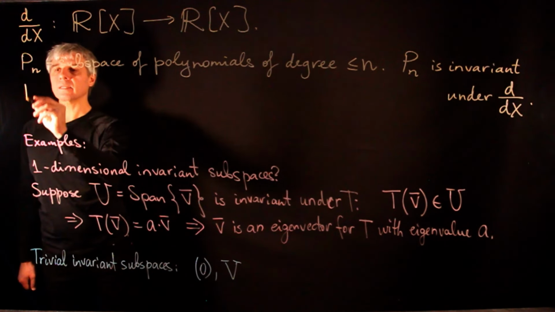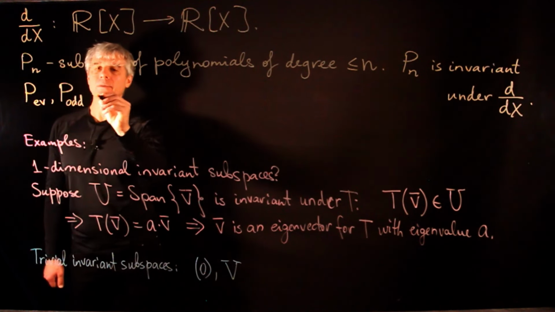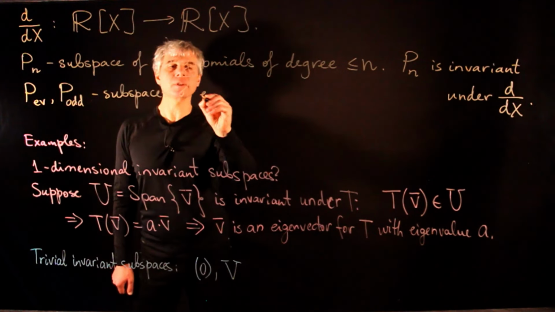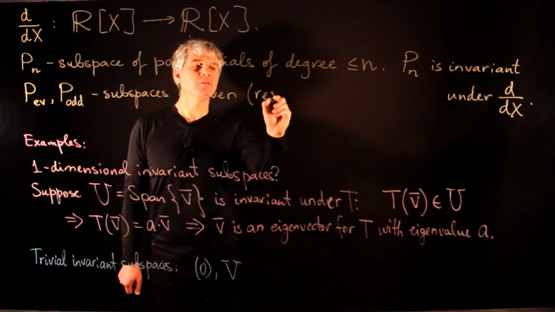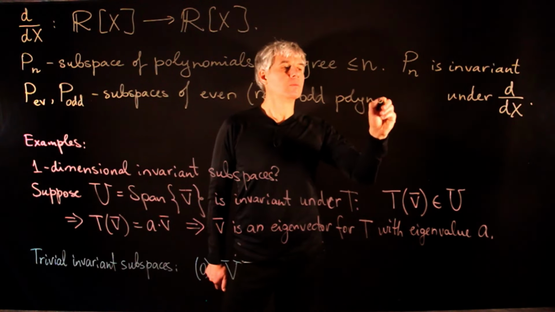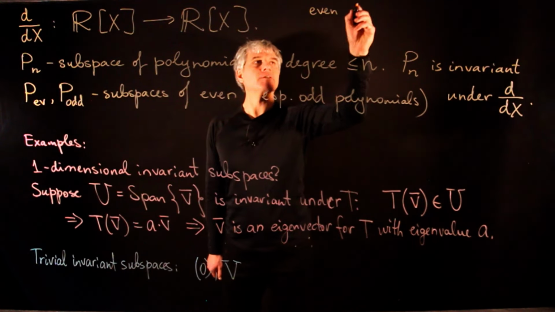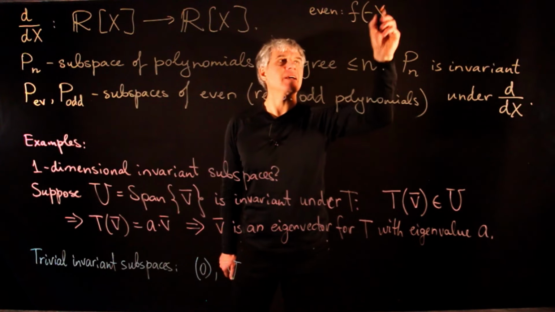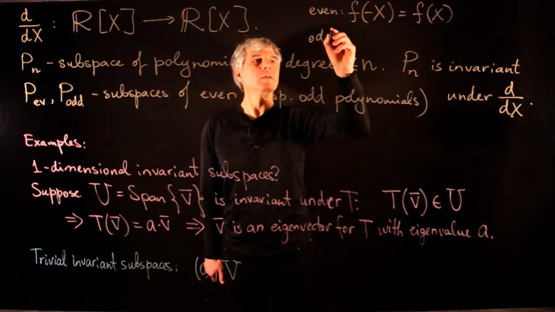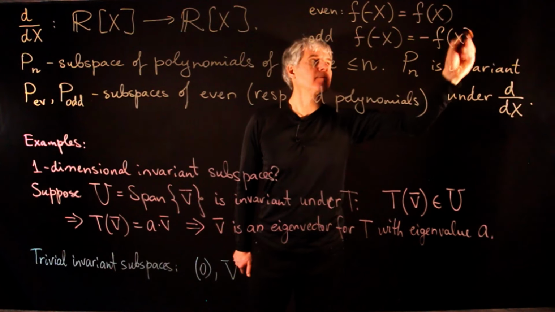Let us also consider subspaces P even and P odd. So these are subspaces of even or respectively odd polynomials. So recall that a polynomial is even if f of minus x is equal to f of x, and the polynomial is odd if f of minus x is equal to minus f of x.